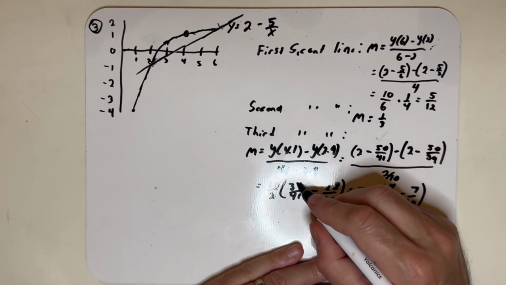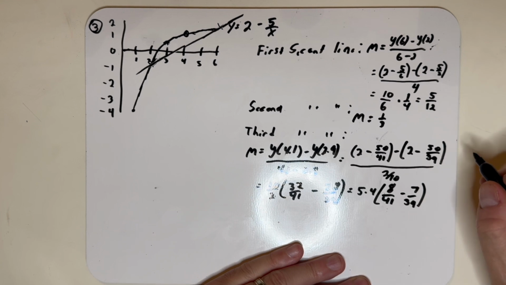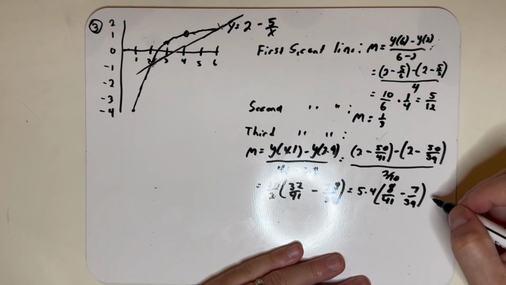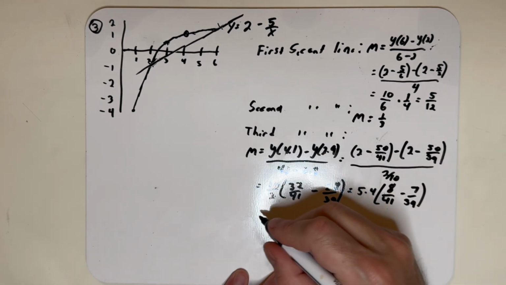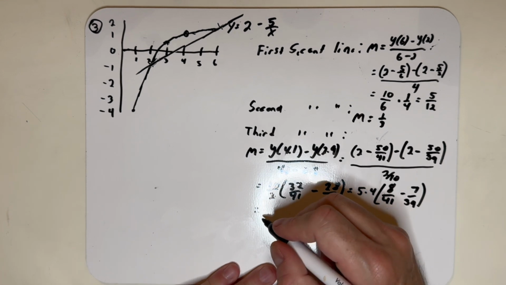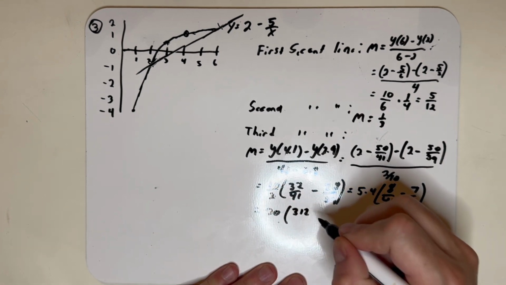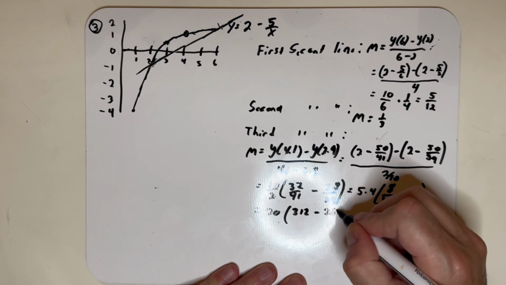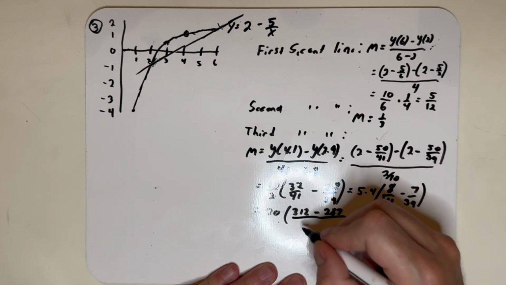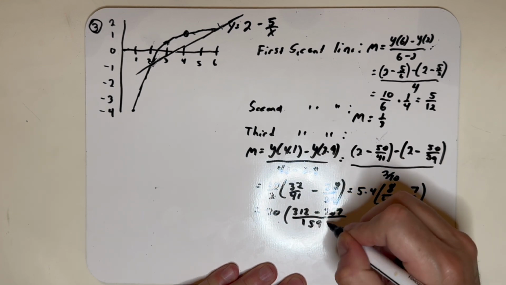That's not a 31, that's 32. Sorry, that was dumb. Okay. This is the same thing. 5 times 4 is 20 times, that's 312 minus 287 divided by 1599.